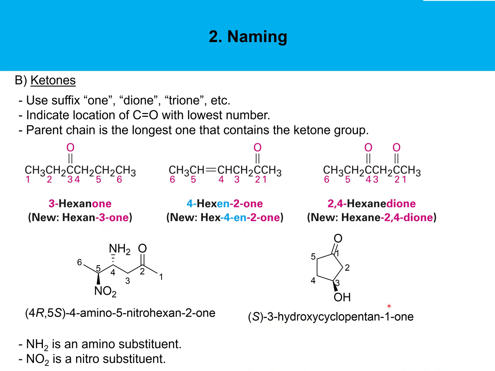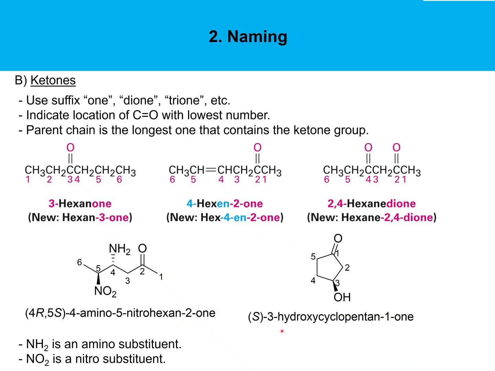This is going to be assumed to be on carbon 1, and so we could just have cyclopentanone without the number. We also have a substituent on carbon 3. So if the ketone is carbon 1, the hydroxy group is on carbon 3, going from the top to the right side. And so this would be named as 3-hydroxycyclopentanone.